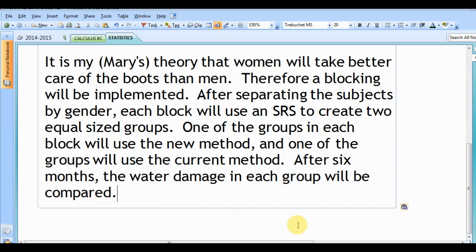Okay, so that's a blocking mechanism. Since we don't know the number of men and women, we create two equal sized groups in each block. There's no way we can guarantee this, but this is what we would do. You can't give an exact number unless you know exactly how many men and how many women you have.